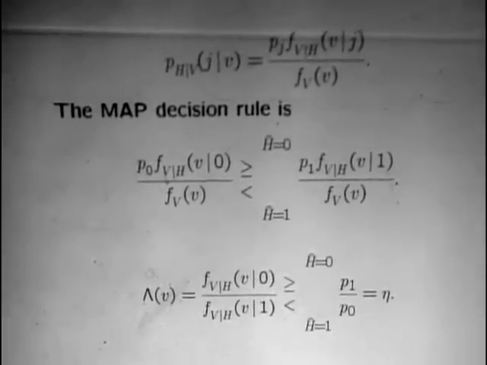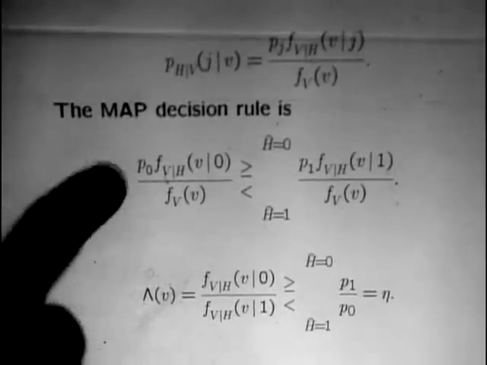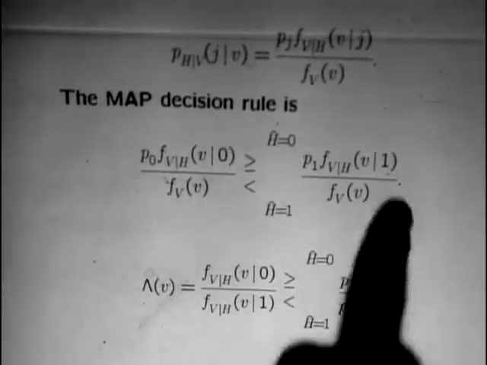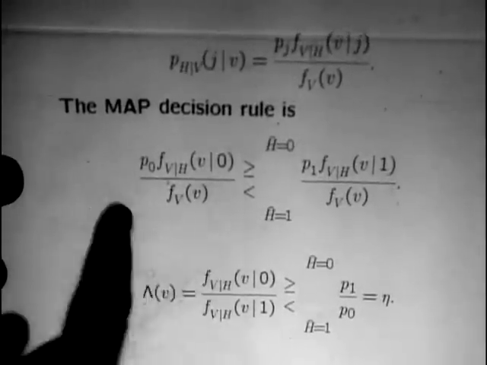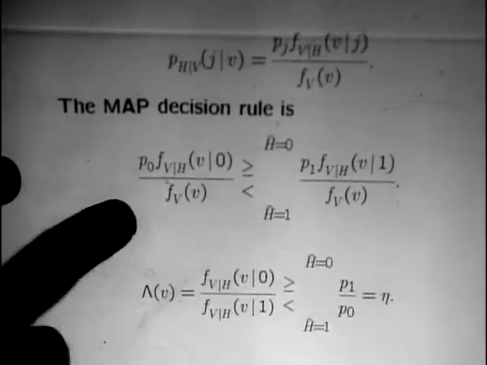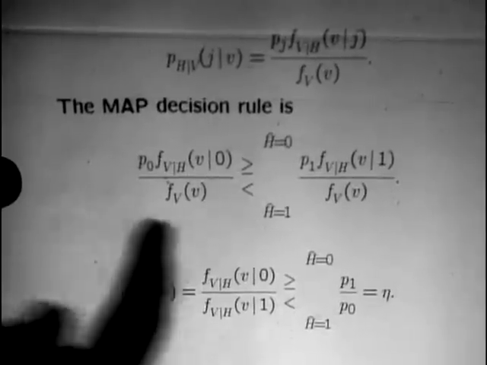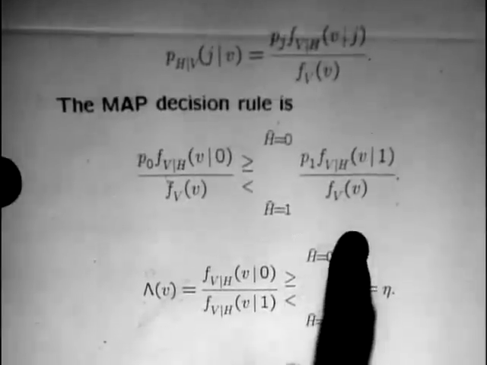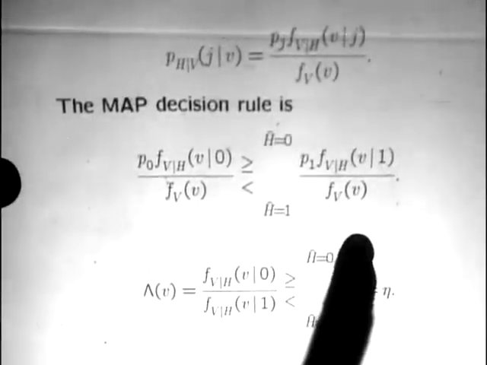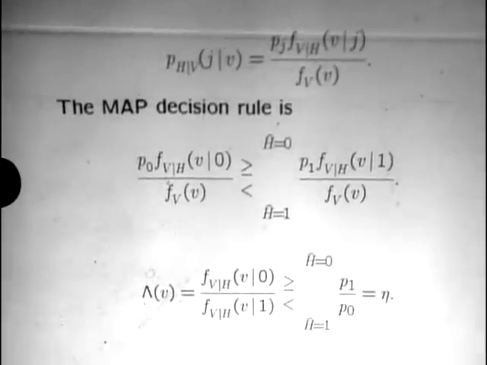Okay, so our MAP decision rule, remember, is to find the a posteriori probability which is most probable, because that is the probability of being correct. So if this probability is bigger than this probability, where this is the a posteriori probability that h is equal to 0 and this is the a posteriori probability that h is equal to 1, we're just going to compare those two and pick the larger.